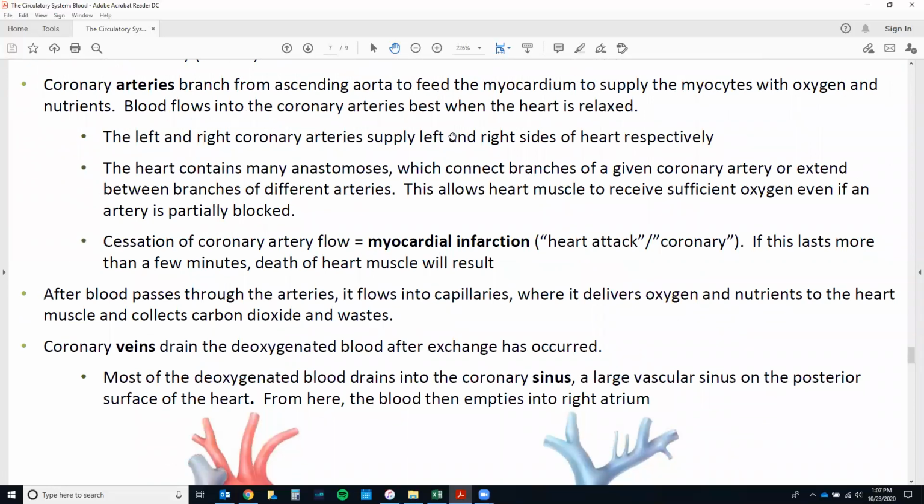But these are the blood vessels that supply our cardiac myocytes, the muscle cells, with the oxygen and nutrients they need. And blood is able to flow into these coronary arteries best when our heart is in its relaxed state, so between heartbeats.